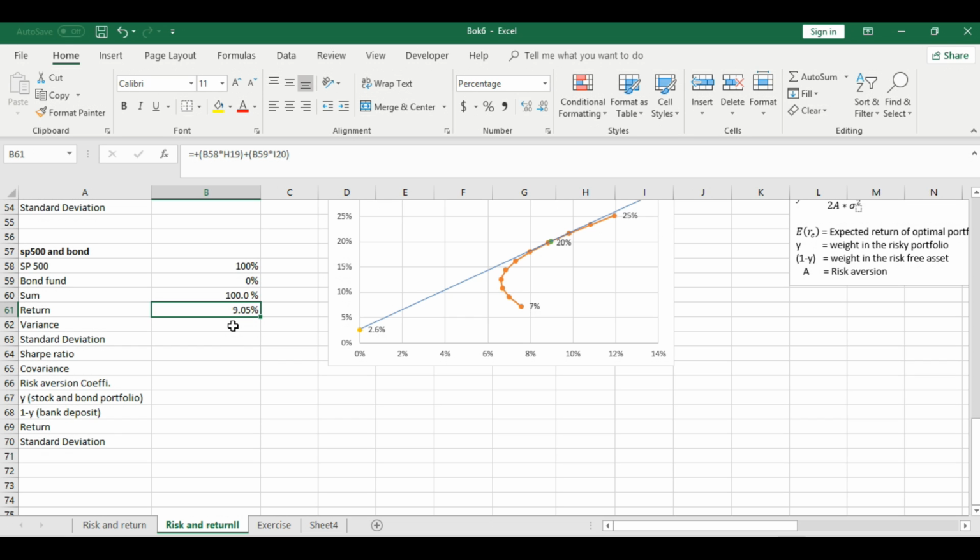Before we can calculate the variance, we need to calculate the covariance between the S&P 500 and the bond fund.